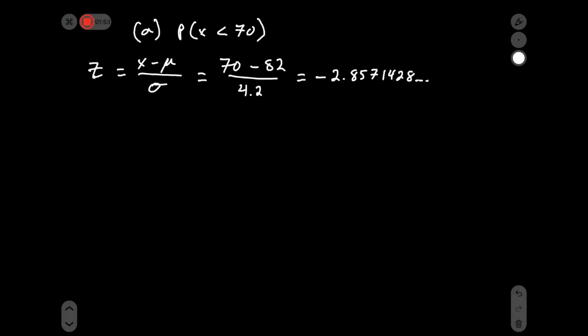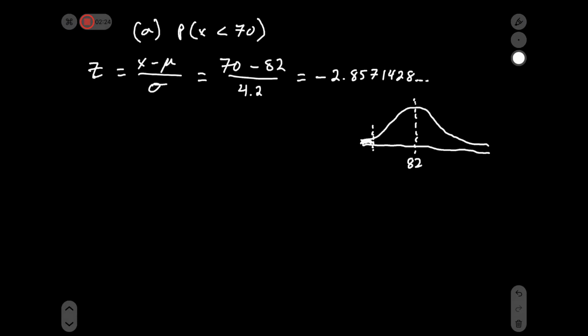And what are we looking for here? Essentially, if we were to draw this out on a normal distribution with a mean score of 82, we're essentially wondering what is the probability that x falls somewhere here on this distribution.